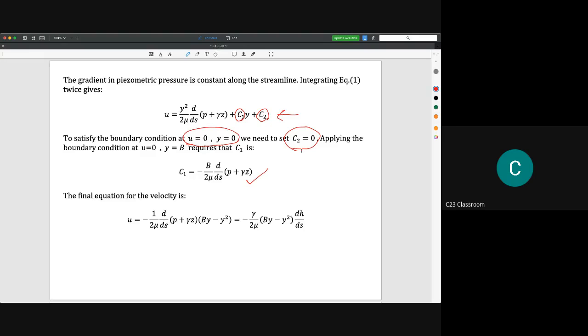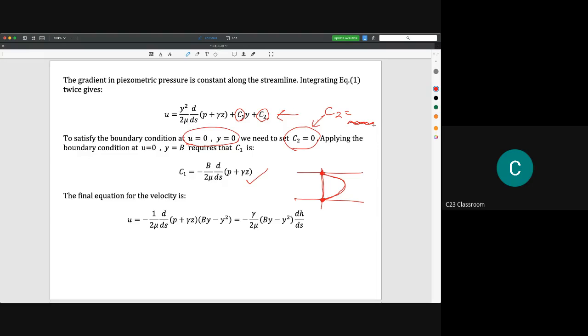Another thing, this is a rule of thumb. Because we know that the velocity distribution is something like this, it must start at 0 here. That's why if you do your calculation and suddenly you find that the value of C2 here is represented by a certain integer, that is 99.99% wrong.